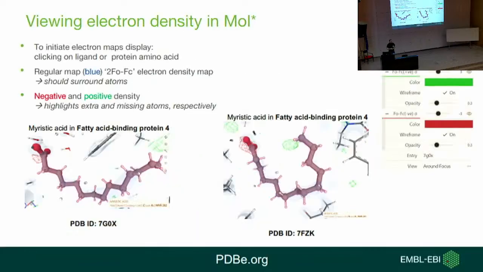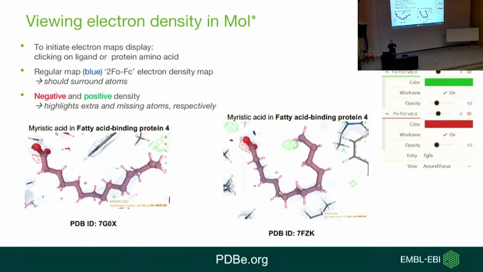In Mol*, it's possible to visualize the electron density, within the Protein Data Bank or within Mol* itself. It's relatively simple. You just start the volume streaming, and you see the electron densities, and there are 3 maps.